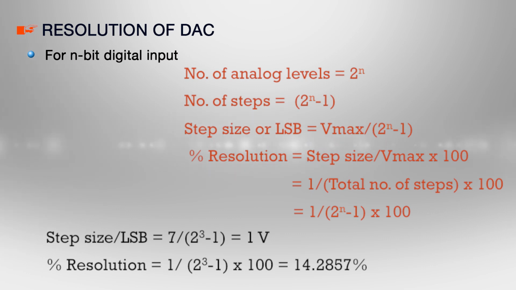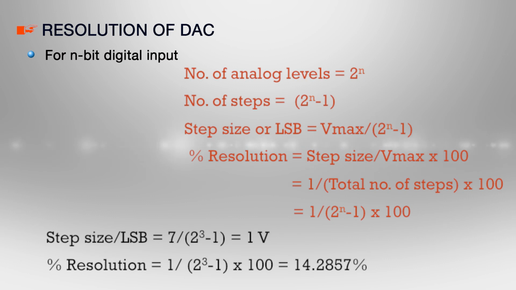equal to 1. Percentage resolution is equal to step size divided by V maximum into 100, or it can be further simplified as 1 by total number of steps into 100, or percentage resolution can be written as 1 by 2 to the power n minus 1 into 100.